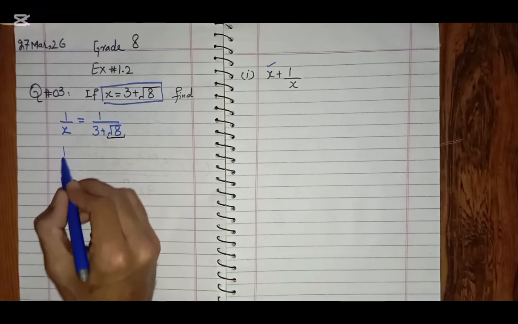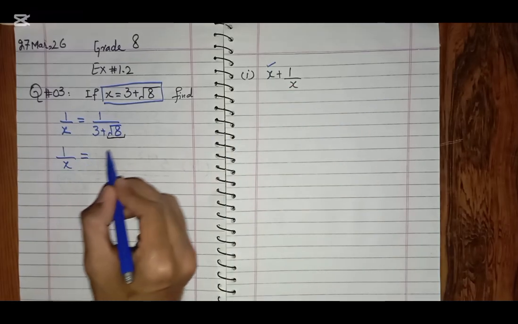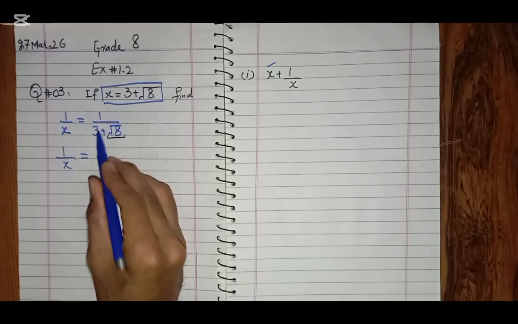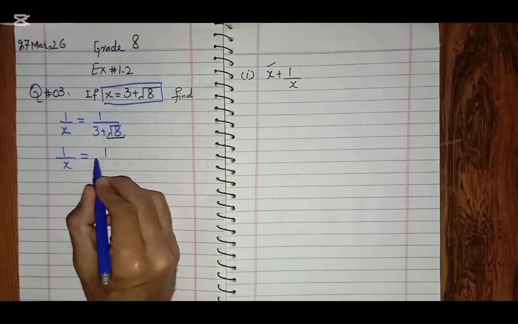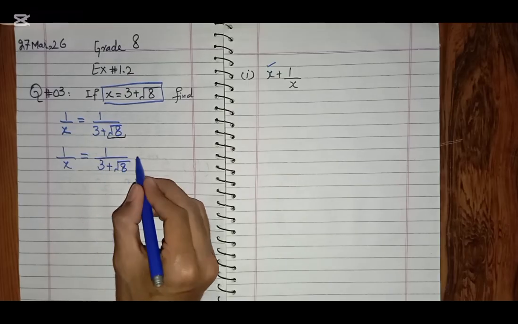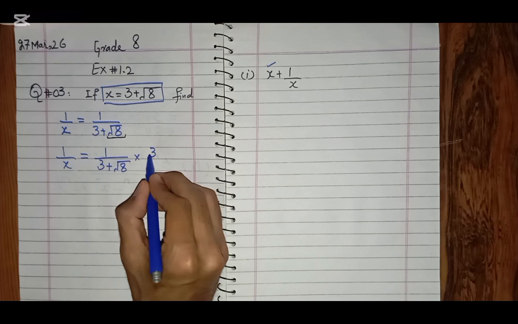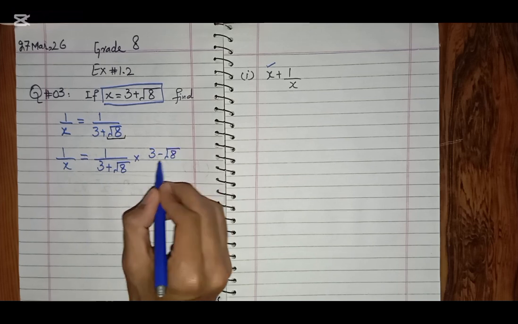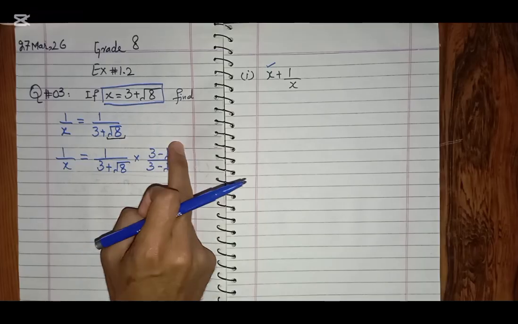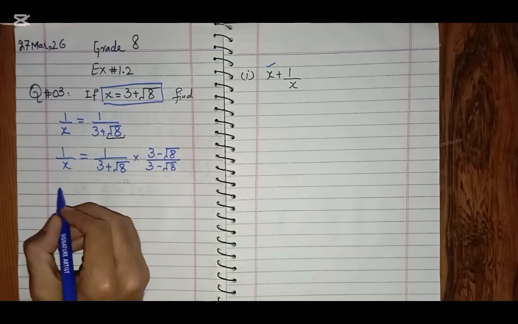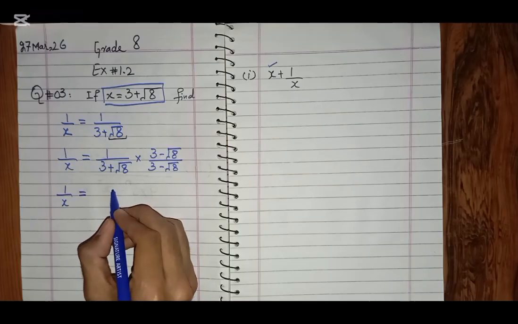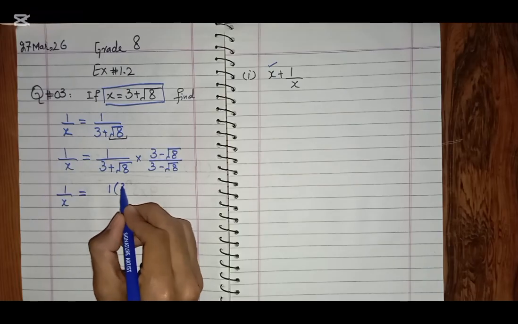How do we simplify it? We simply simplify it by taking the conjugate of this denominator value and multiplying with the numerator and denominator also. How can we take its conjugate? In a conjugate you simply change the sign of your radical expression and multiply with the numerator and denominator also. We see that 1 over x, 1 multiplied by 3 minus square root 8, is written as it is.